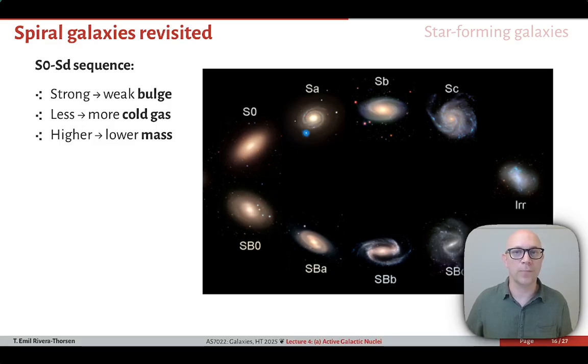The spiral arms become less tightly wound. You will also see more and more cold gas present in these galaxies as you move out this sequence. They also move from higher mass to lower mass galaxies, although there is quite a large spread in this tendency.